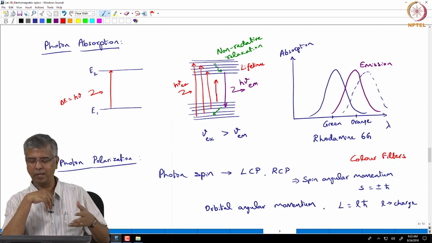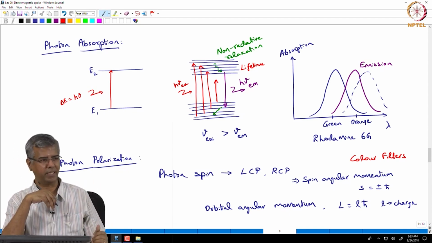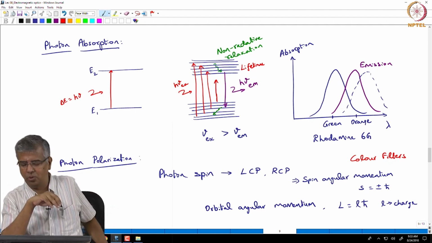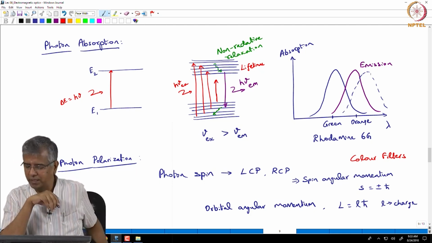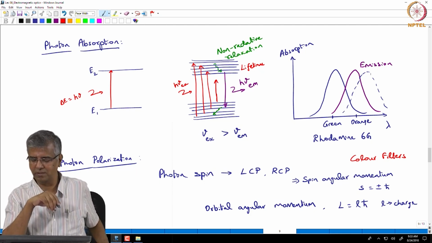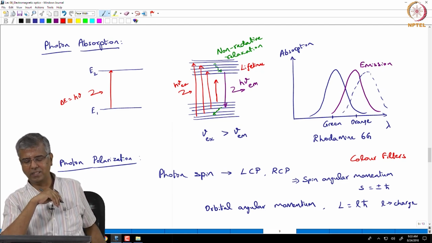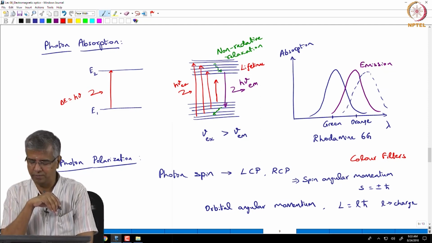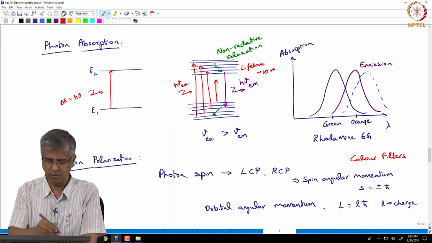That lifetime for rhodamine 6G is about 10 nanoseconds. We were trying to do a demo where we can measure this lifetime, but unfortunately that did not work out because we cannot generate pulses much faster than 10 nanoseconds with the equipment that we have. Nevertheless, the lifetime is approximately 10 nanoseconds.